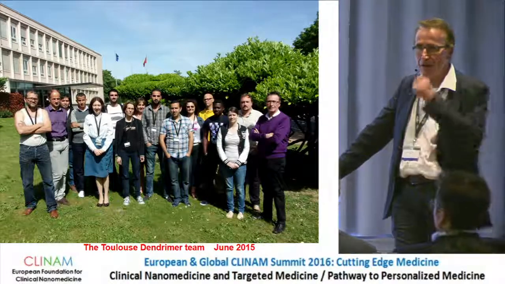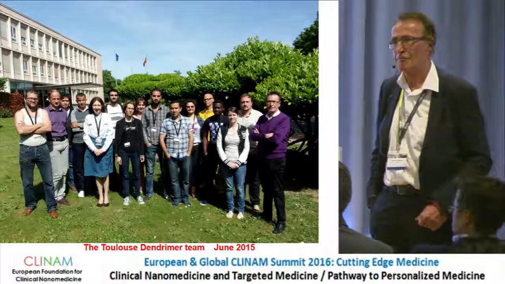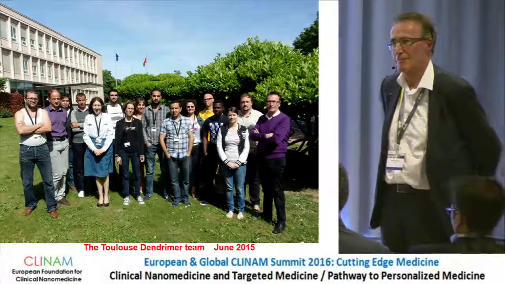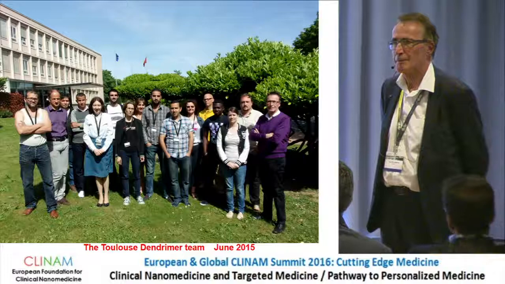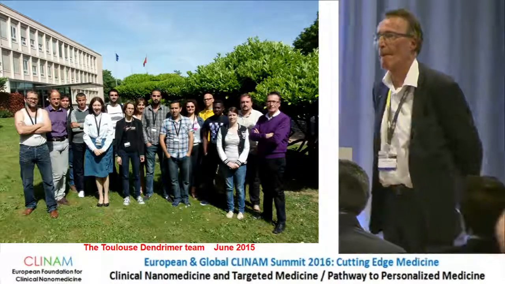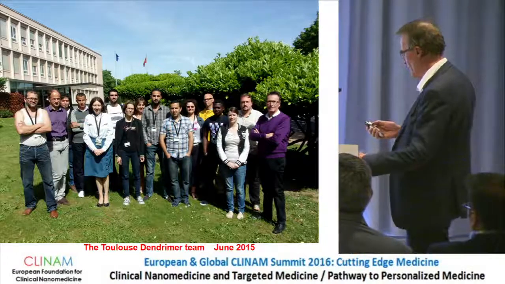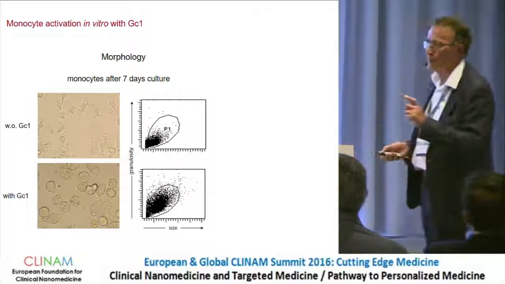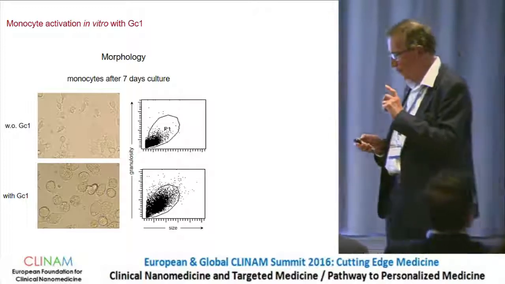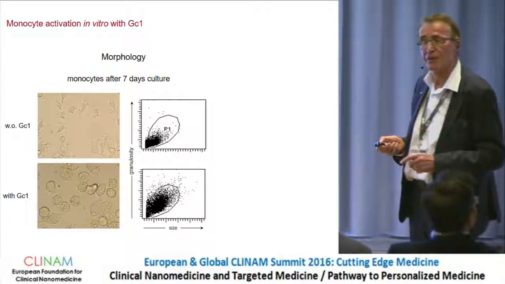Hans. First of all, very nice talk. Thank you very much. Did you study how these dendrimers, the phosphorus dendrimers, are internalized into macrophages? I will show you. What we were able to demonstrate is that we have what we call a monocyte activation.